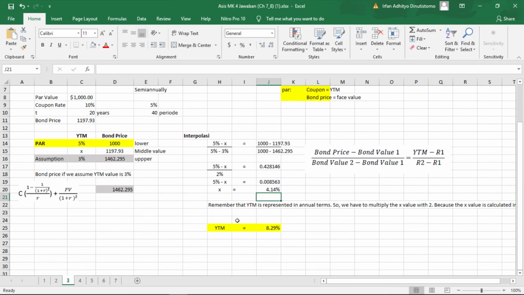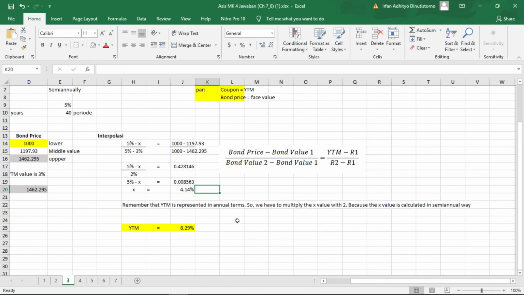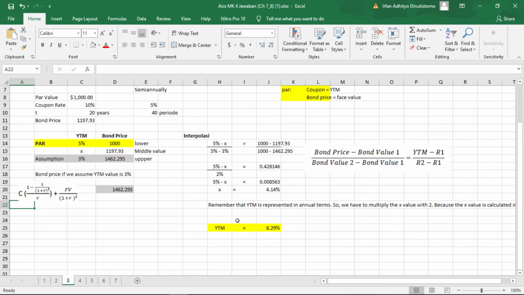Okay, so I know that the time is presented in annual terms, so this is on semi-annual, right? This is in annual, so we have to multiply the x value by 2 because the x value is calculated in a semi-annual way. Okay, so this is semi-annual.